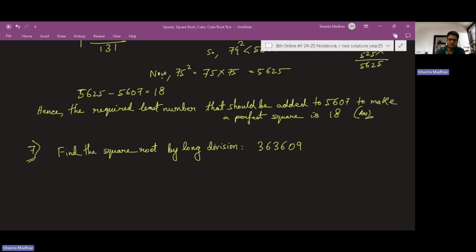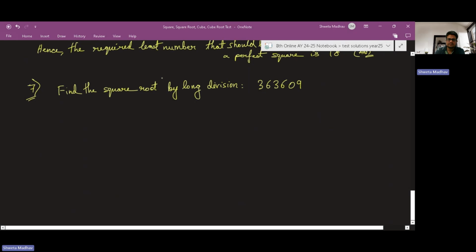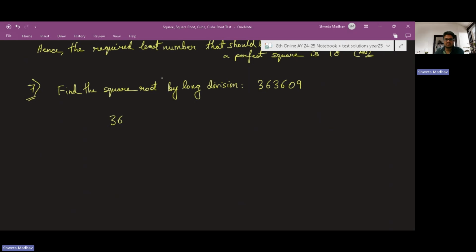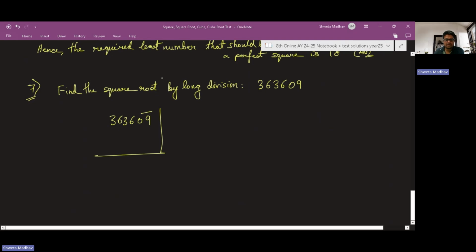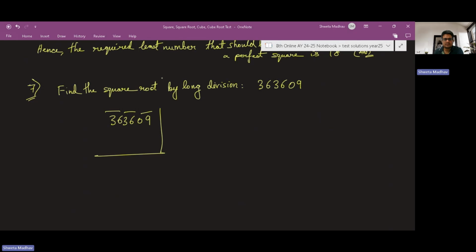To find the square root of 363,609 by the long division method, we take pairs from the right end. We have to find a number whose square is close to 36. So we take 6, since 6 square is 36.